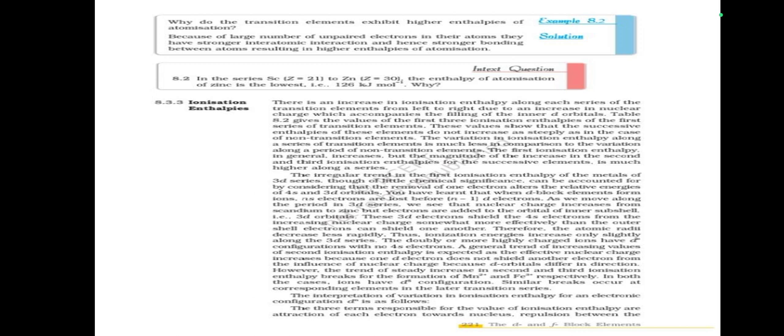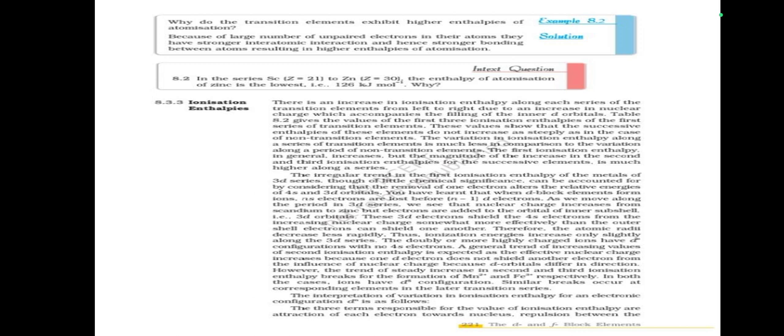Table 8.2 gives the values of the first three ionization enthalpies of the first series of transition elements. These values show that the successive enthalpies of these elements do not increase as steeply as in the case of non-transition elements.